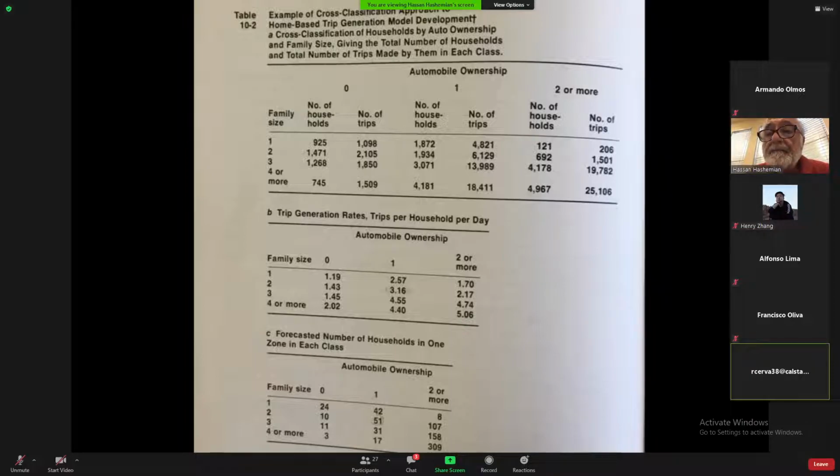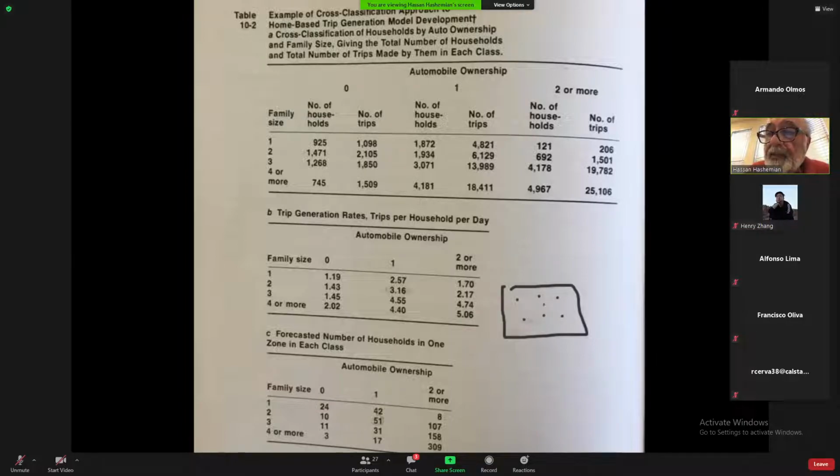I don't understand how they got 24. The third one just gives you the number of households we forecasted. Let's say in this zone, we forecast that there are 24 households that have no car and one person. 24 of them. There are 10 of them that have 2 people in it and no car, and so on.